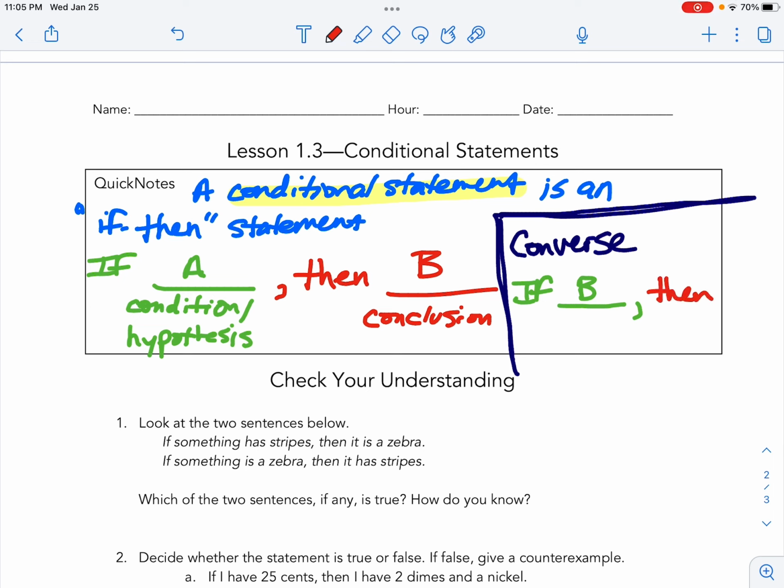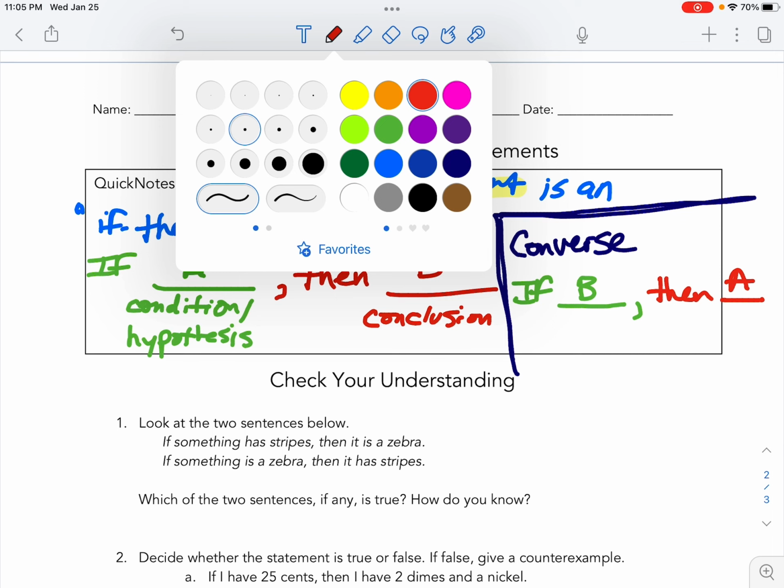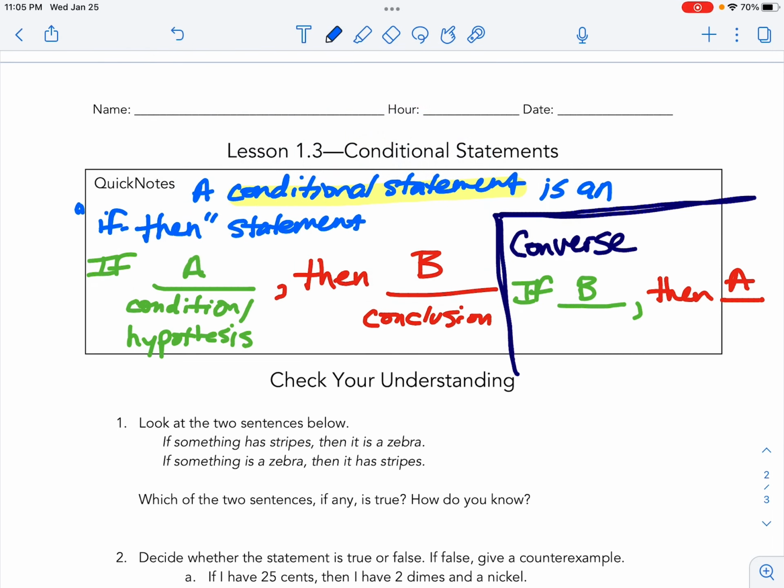So if I take that conditional statement and flip it, then we would have a converse, and that's not necessarily always going to be a true phrase.